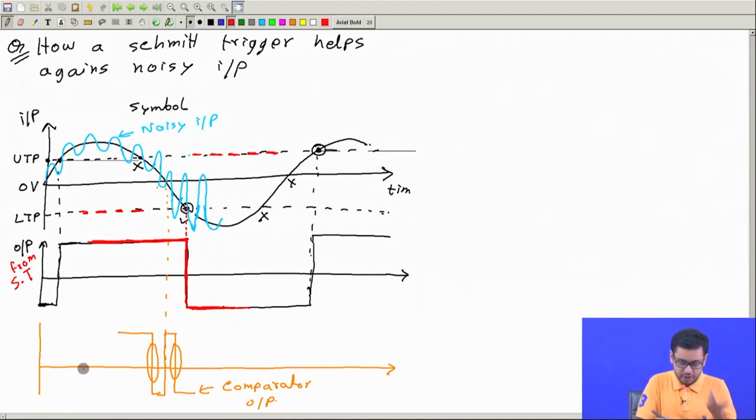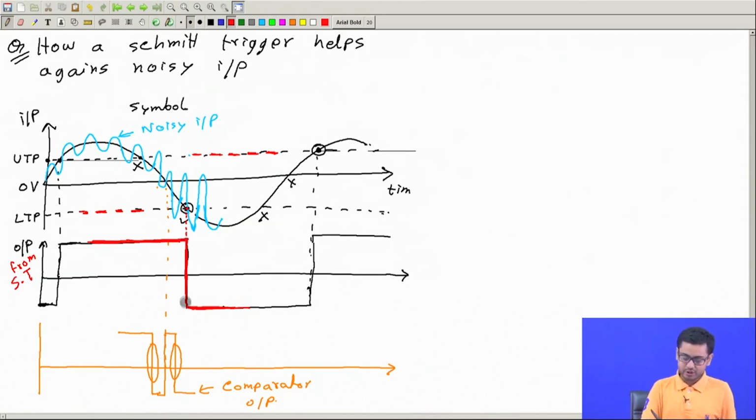okay. Similarly you may also consider this region. You see the output is positive, so therefore the active comparison is between lower trigger point and the input. So even if the input is oscillating around the upper trigger point or the 0 value here, output is not going to change. So the output only changes once here, okay.